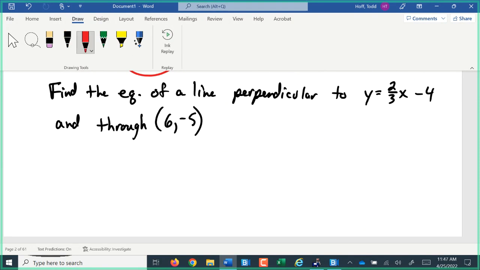So once again, we have this equation over here. And the only piece of information we care about is that, the slope. The slope equals 2/3.